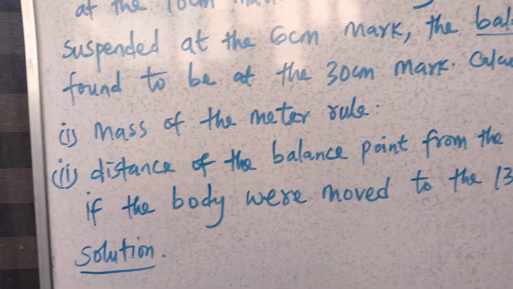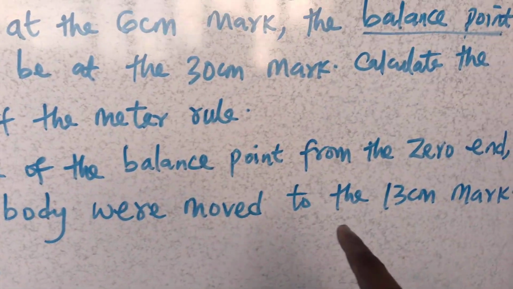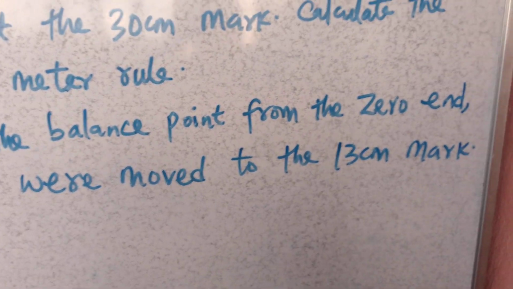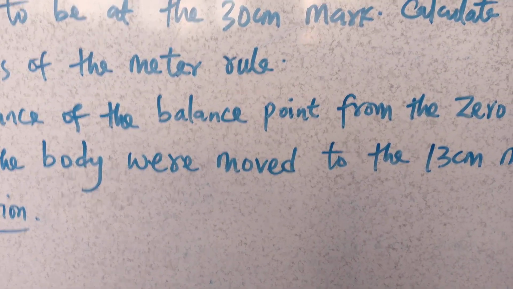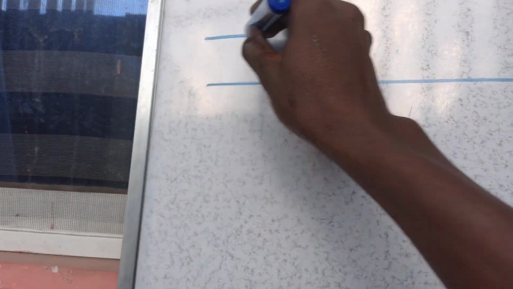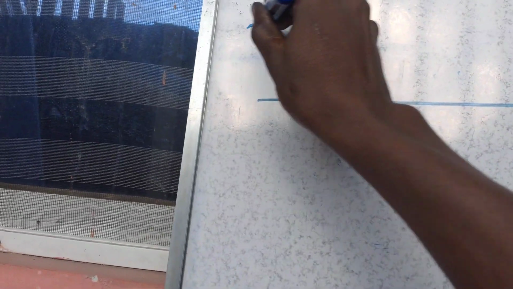The next question says, the distance of the balance point from the zero end if the body were moved to the 13 centimeter mark. So let's look at that quickly. Now let's assume that this is our meter rule, and remember that the mass of the meter rule was placed exactly at the 48 centimeter mark.